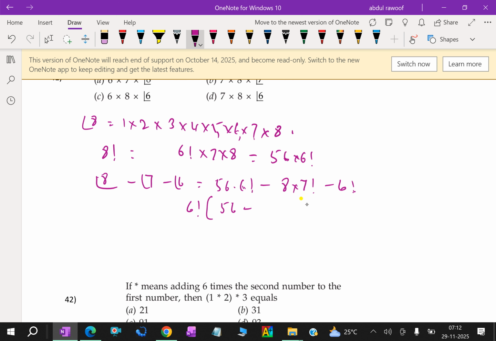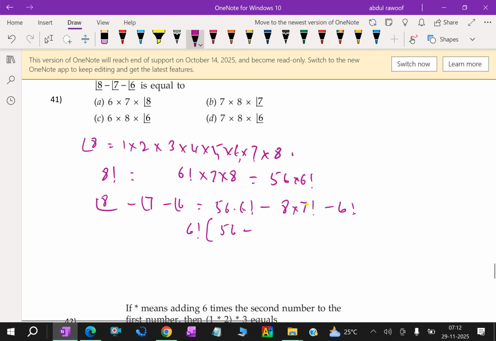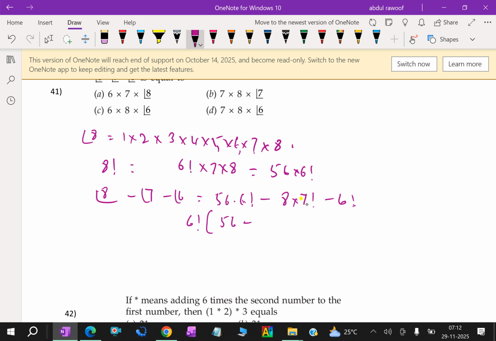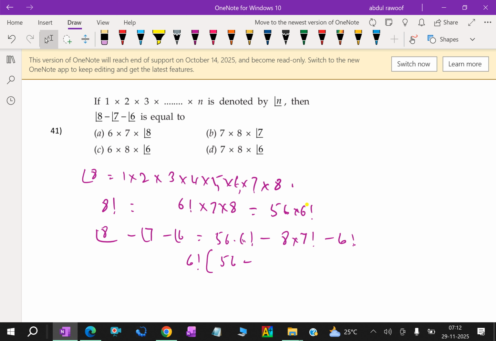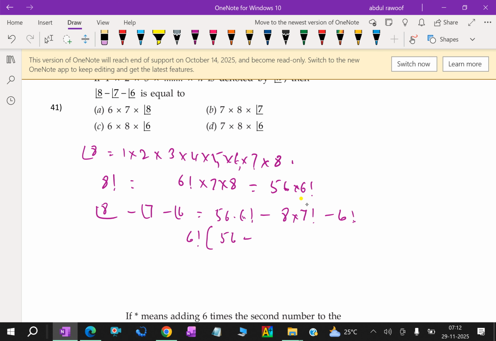For 7 factorial, here also 6 factorial. 7 factorial can be written as 7 into 6 factorial.